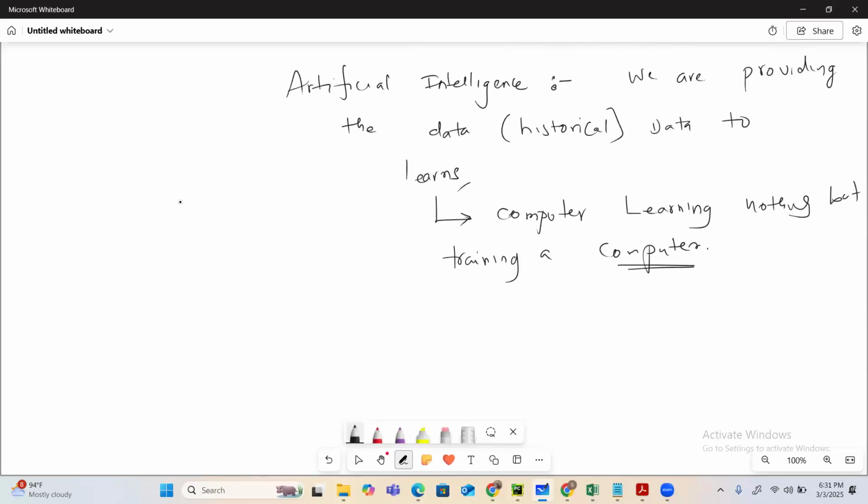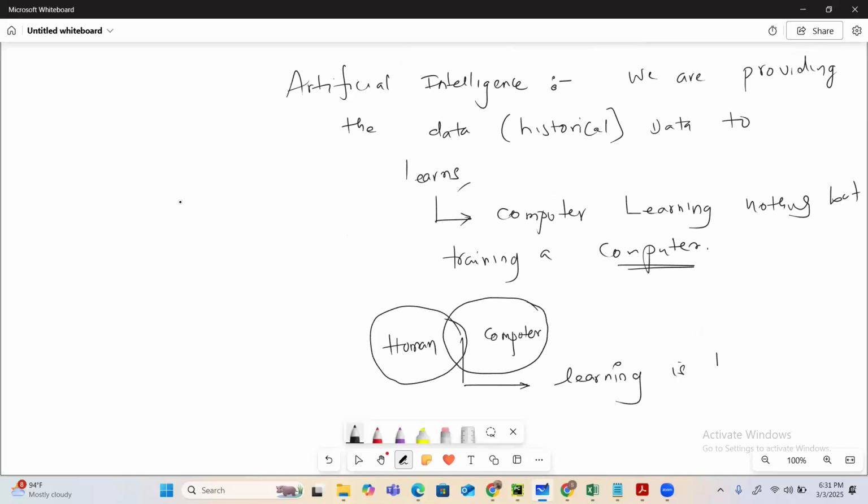Now let us take human and let us take the computer. The common point for both is learning.